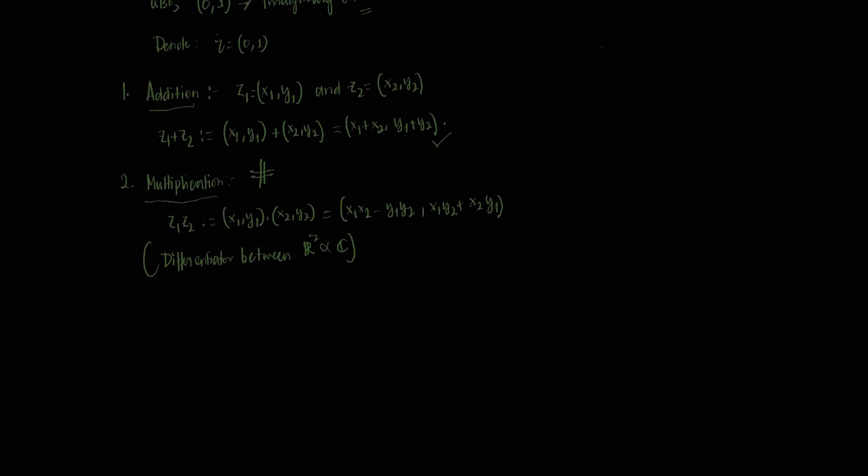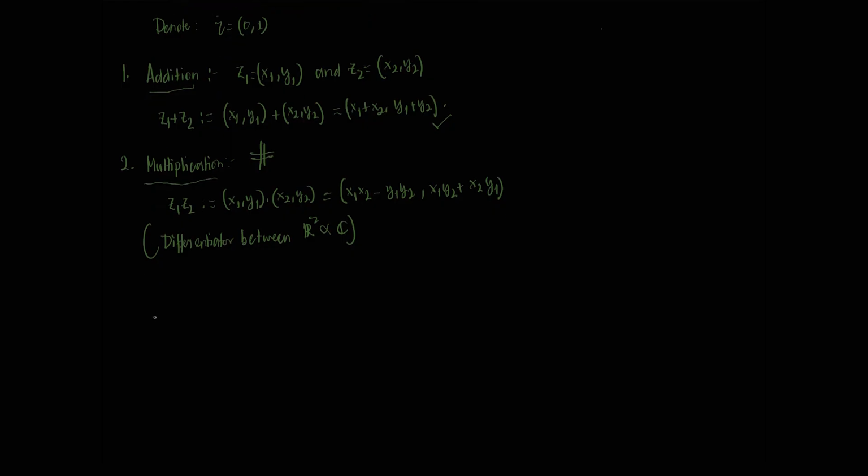Now whenever you are defining a concept based on just addition, those concepts are the same for R2 and C. But if you want to somehow include multiplication there, then it changes. Now with these two definitions, let's see. Let me put a small remark.